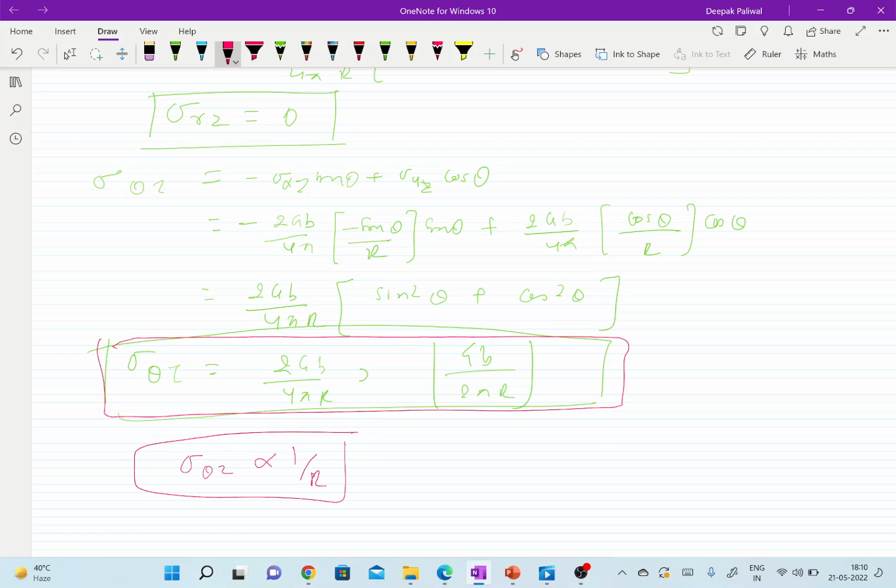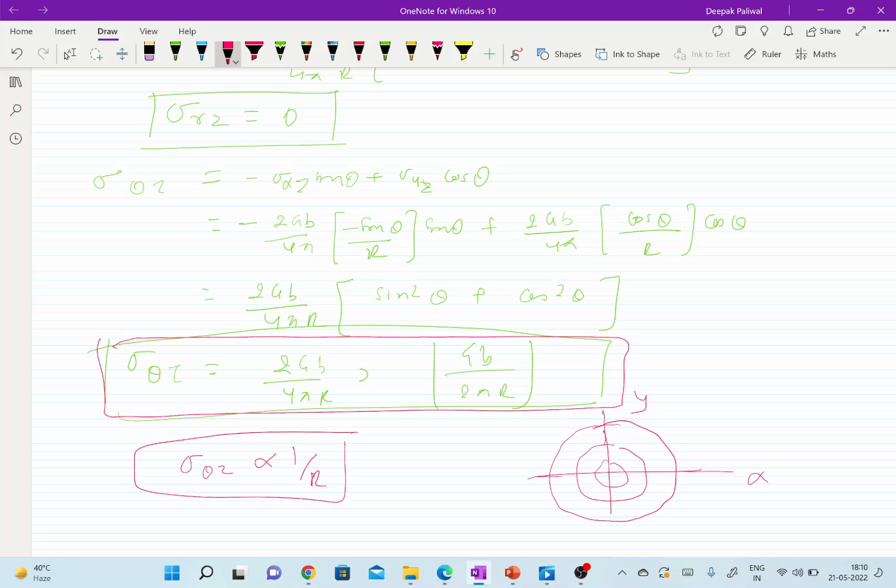So if I draw sigma theta z, then I will get a stress field like this. This is x, this is y. So we will get our stress field like this, which is radially symmetric.